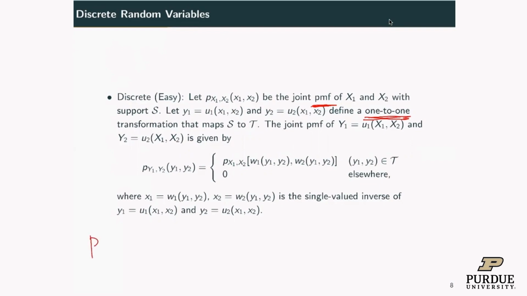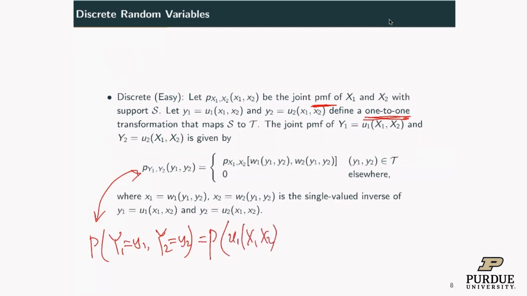For example, probability y1 equal to little y1, y2 equal to little y2. So that's a joint PMF. Now what is y1? It is u1(x1, x2) equal to y1, u2(x1, x2) equal to y2. Since the transformation is 1 to 1, you can get the inverse transformation.